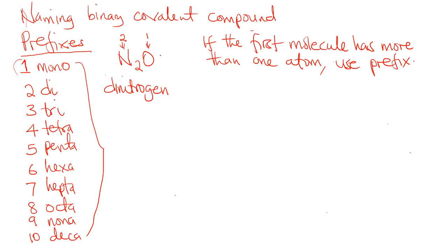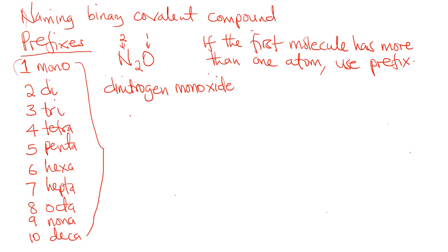But we know that the second element has an -ide at the end, and there is 1 oxygen, so it will be monoxide. So dinitrogen monoxide.